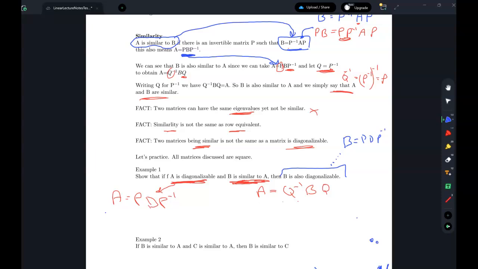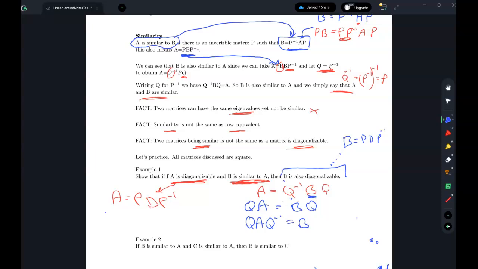I'm going to solve for B out of this, because that's what I'm trying to show something about, right? So if I multiply both sides by Q, I get QA equals BQ, and then if I multiply both sides by Q inverse, I get QAQ inverse equals B. All right. So what am I trying to show again?